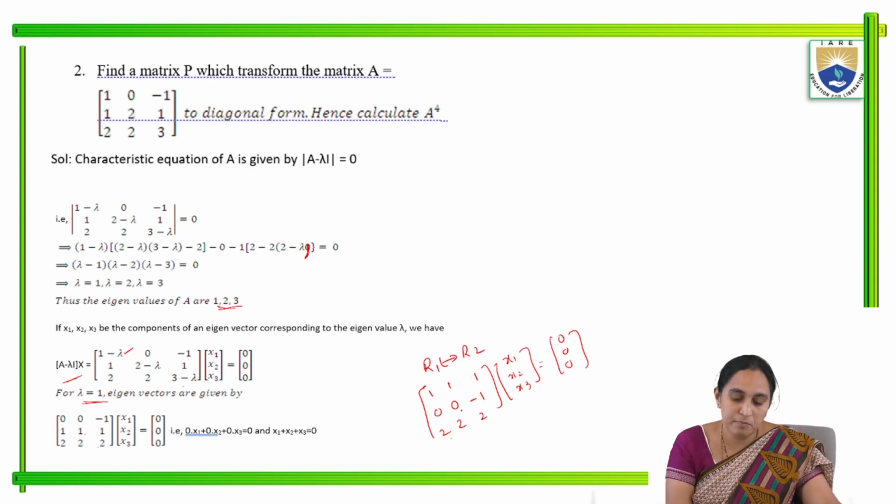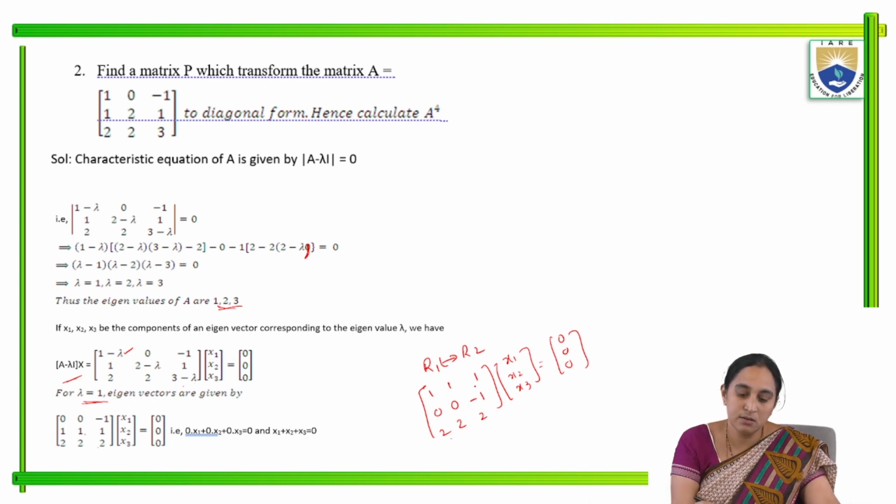Now I am applying row operations to reduce the matrix to echelon form. Echelon means the entries below the diagonals are zeros. For R2, the first element is already 0, so no need for a row operation. Here I will take R3 tends to R3 minus 2R1.